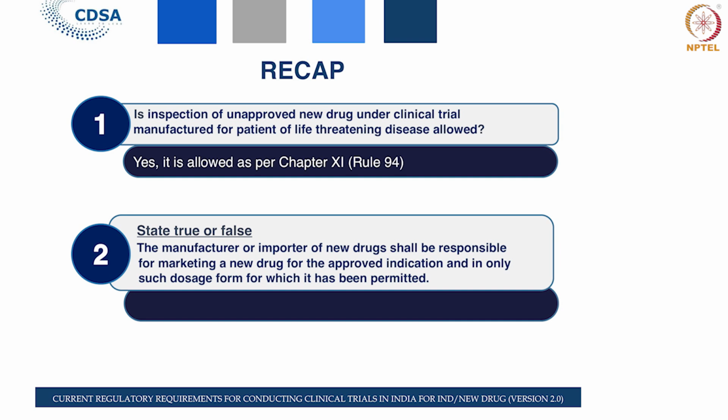The manufacturer or importer of new drugs shall be responsible for marketing a new drug for the approved indication and only in such dosage form for which it has been permitted. So, what is the answer? I think you are right. Yes, it is true. The other part you have to understand is false.